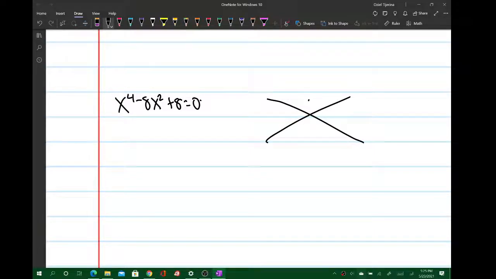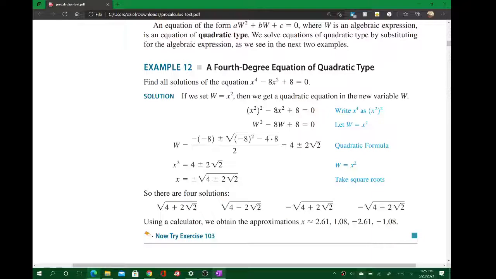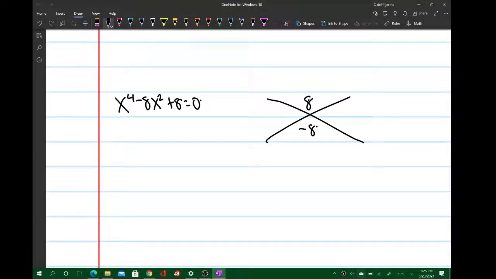Basically, you can use the X-box for this. You can say that this is 1 times 8 is 8, and then negative 8. So two numbers that multiply to 8 and add to negative 8 are... or actually, I'm joking. You can't use the X-box method for this, but you can do the quadratic formula.